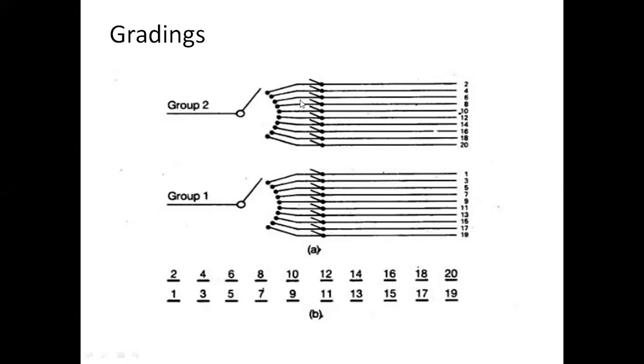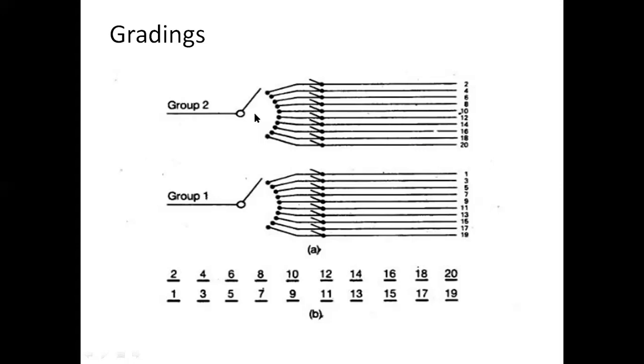We tend to find the early outlets of such a switch are more occupied than the later ones. Say, for example, let us consider this group 2 switch. Let's say you have 10 outlets.